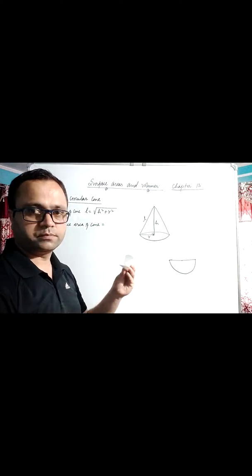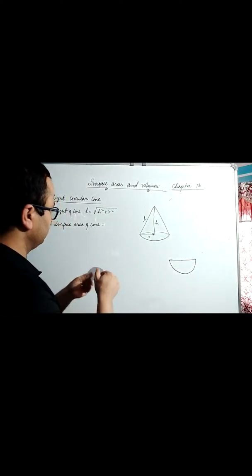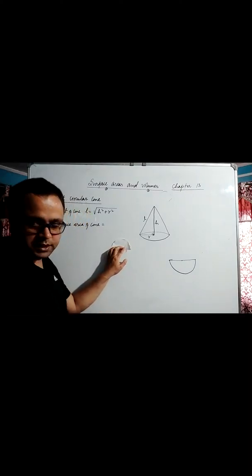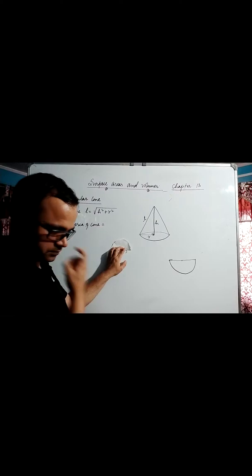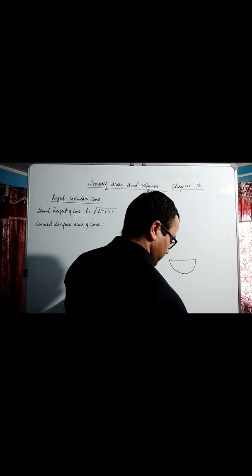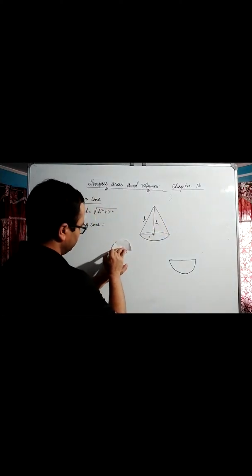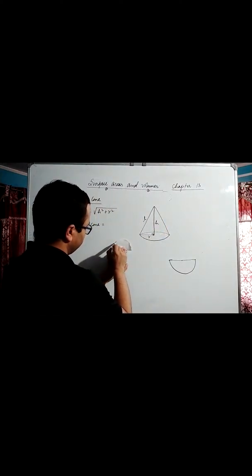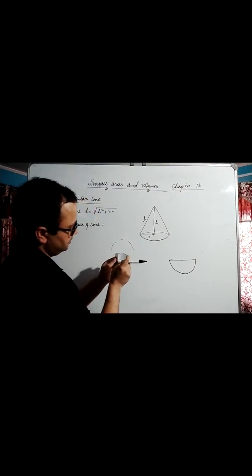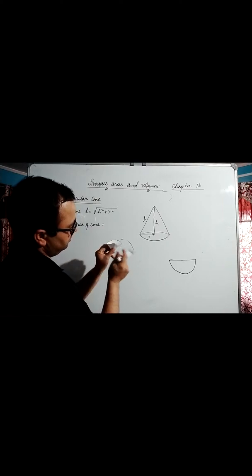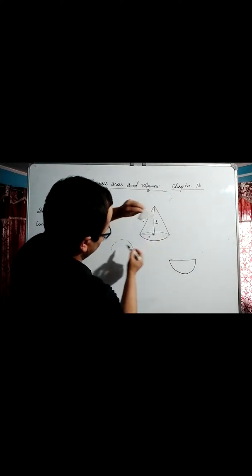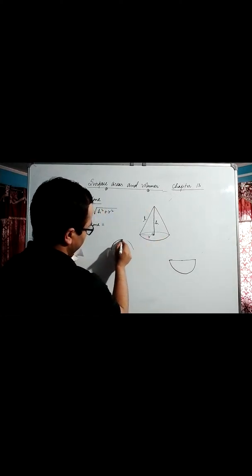So for curved surface area of cone, we need the perimeter of base. This is the base. Perimeter of base. Look here. This is the perimeter of base. Now it is the perimeter of semicircle.